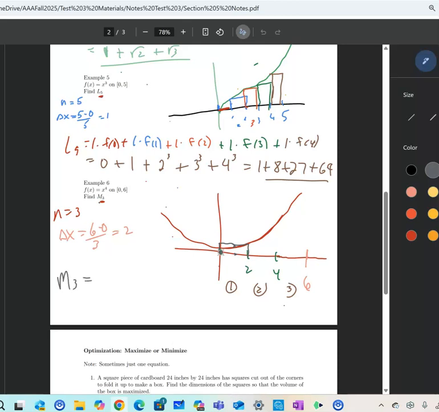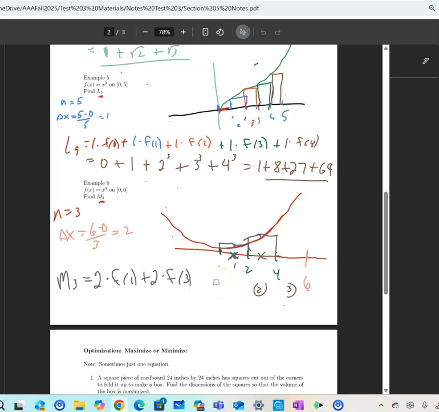M sub 3 would equal the width, 2, times f of 1, because I use the 1 as the middle point. Let me put an X there so you can see that. The next middle point that I'm choosing is 3. Use that height, so parts of it are inside, parts of it outside. The width is 2, delta x is 2, f of 3, plus the last rectangle way out here, the third rectangle.